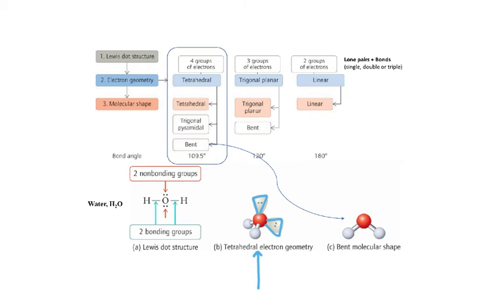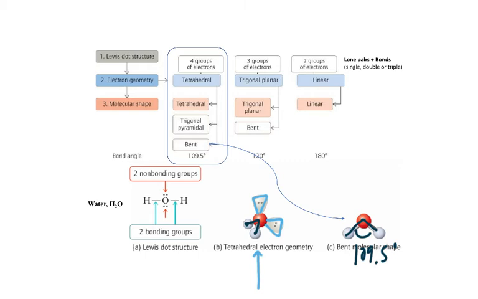And so when we look at the shape, those are left out, and what's left over are the two hydrogens pointing down at an angle from the oxygen. And so the shape is bent, right? It's a bent shape, not linear. And this angle is approximately 109.5 degrees.